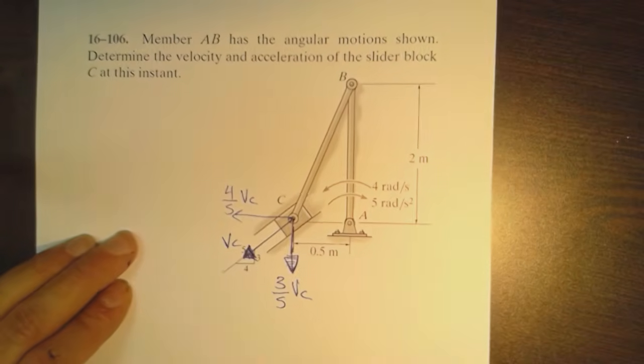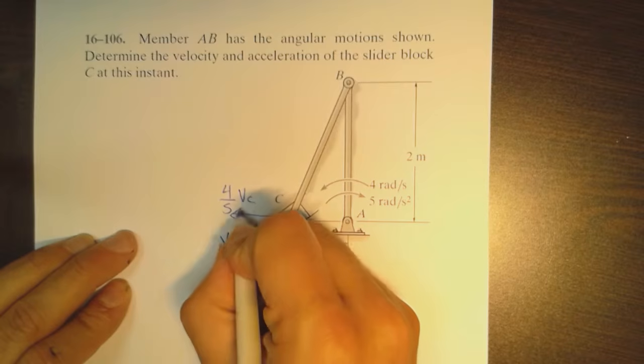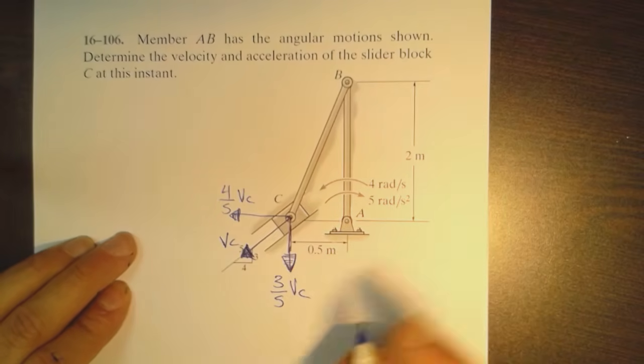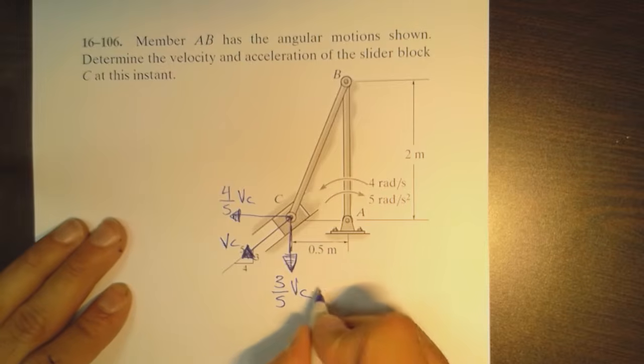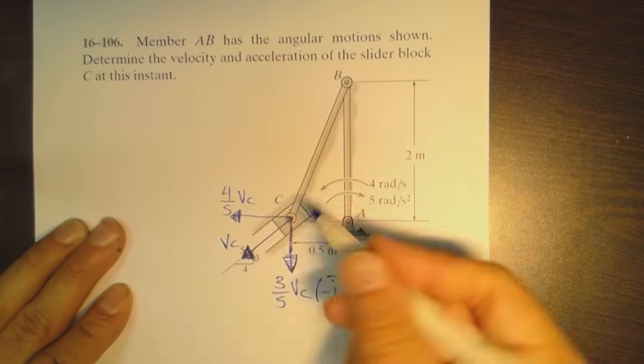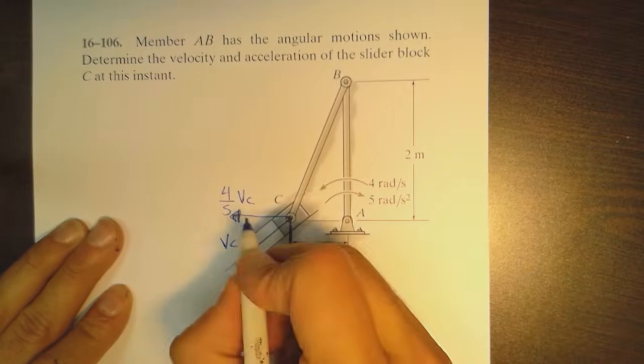You can notice this component is going in the direction of minus y, so this is minus j, and this component is going in the negative direction of x, so this is minus i.